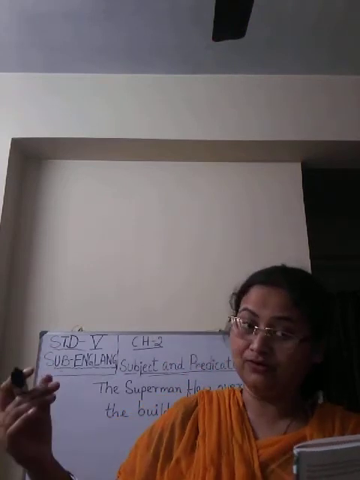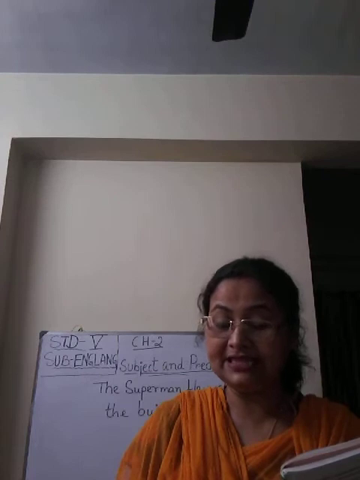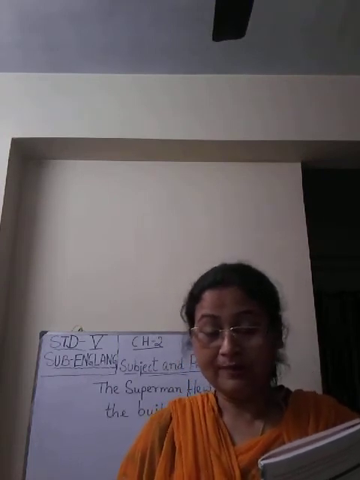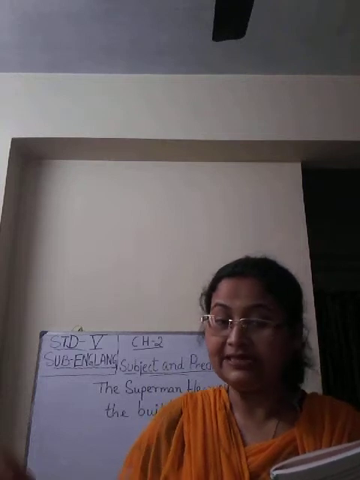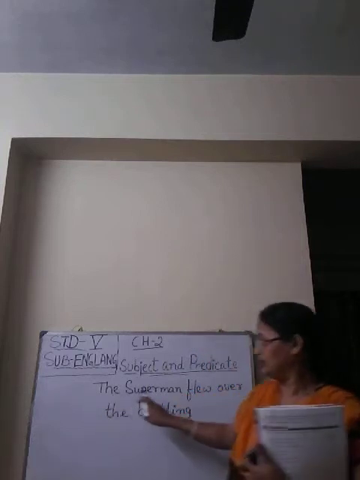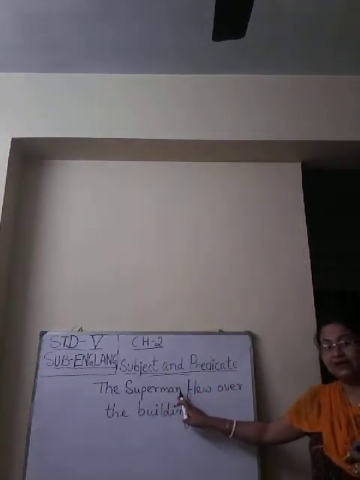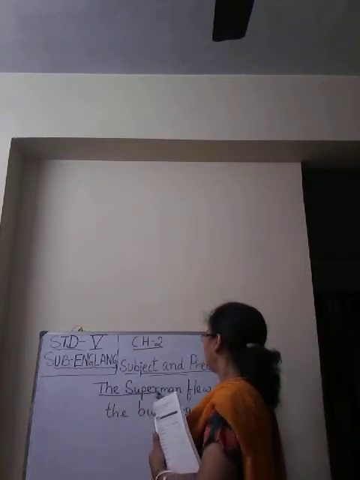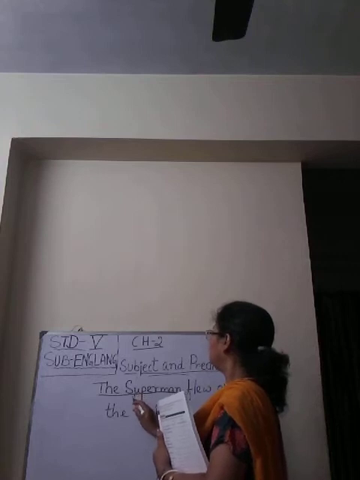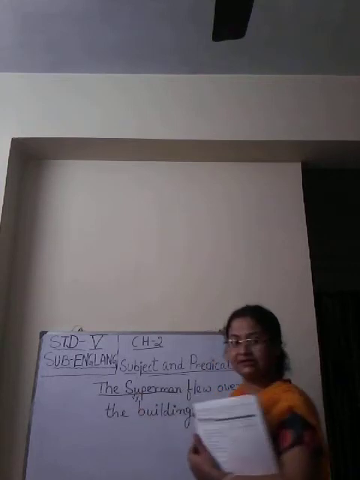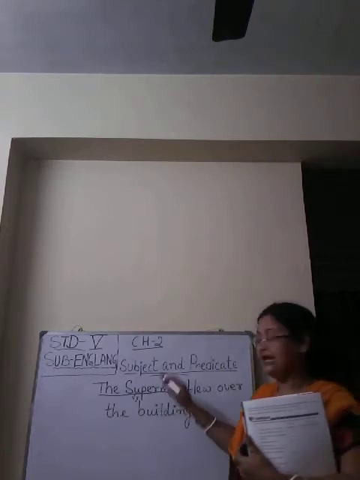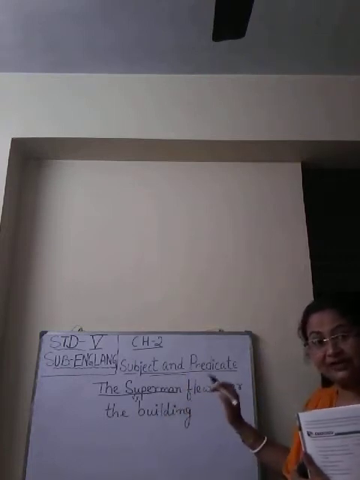We will find out that part of the sentence about whom we are talking. Okay, now here in this sentence we are talking about the Superman, isn't it? So, the Superman will be the subject. Superman will be the subject of the sentence.